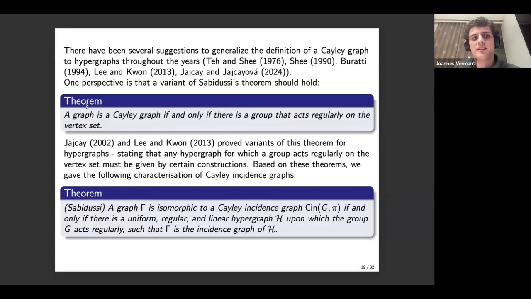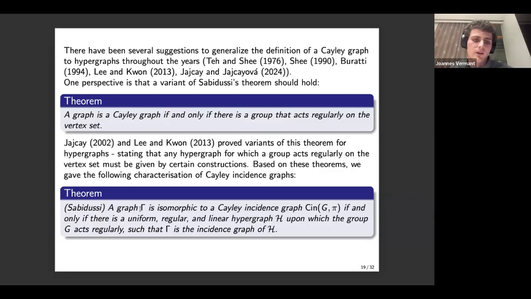Sabidussi's theorem says that a graph is a Cayley graph if and only if there is a group that acts regularly on the vertex set. Yaisai and Lian Kwon proved variants of this theorem for hypergraphs, stating that any hypergraph for which a group acts regularly on the vertex set must be given by a certain construction similar to this construction of a Cayley incidence graph. Based on this theorem, we gave the following characterization of the Cayley incidence graphs.